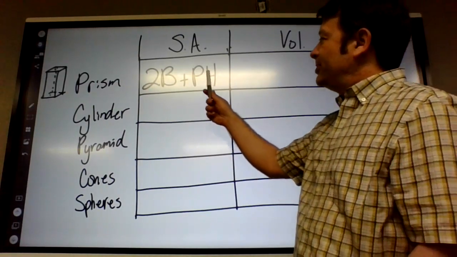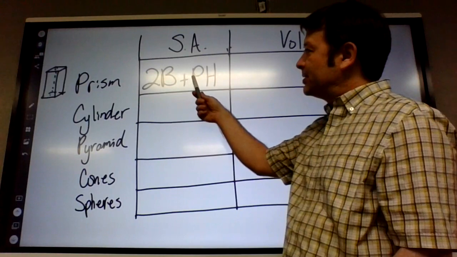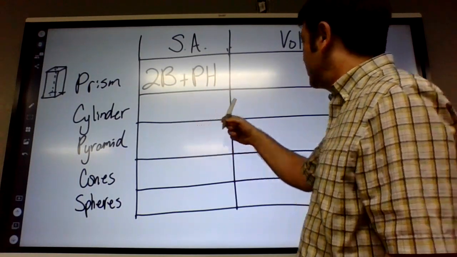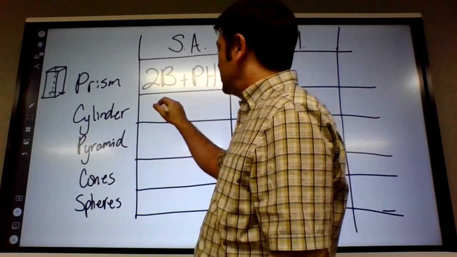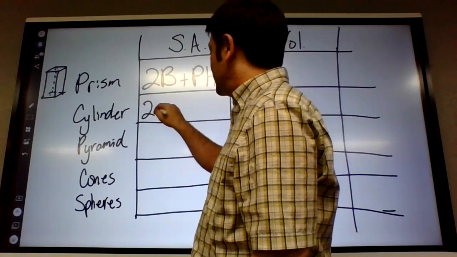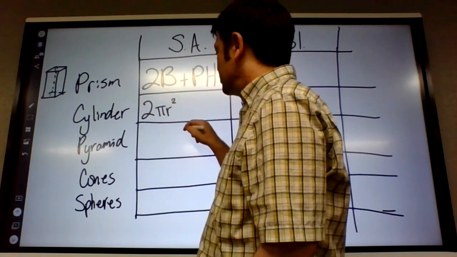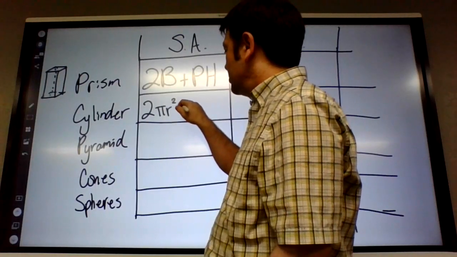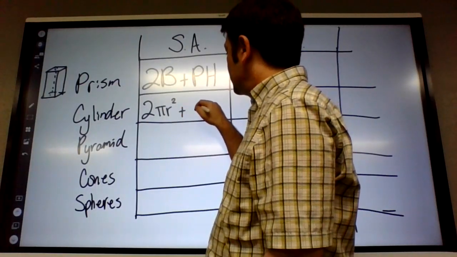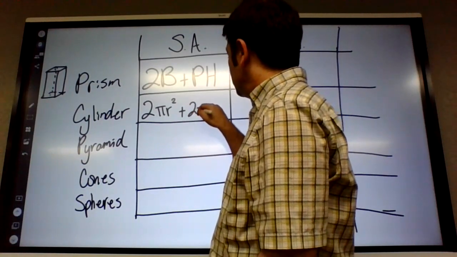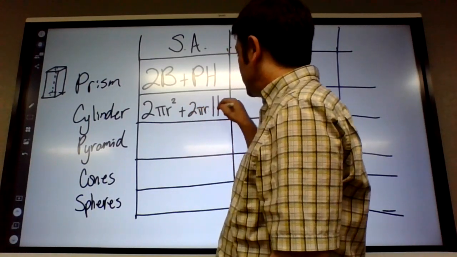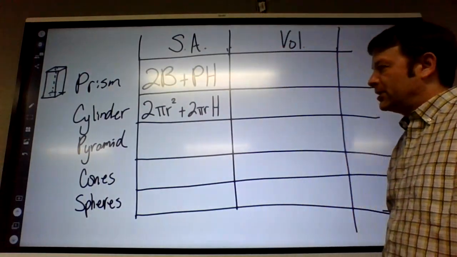Cylinders are also 2 base areas, but the bases are both circles. So 2 pi r squared plus circumference times height for the lateral area.